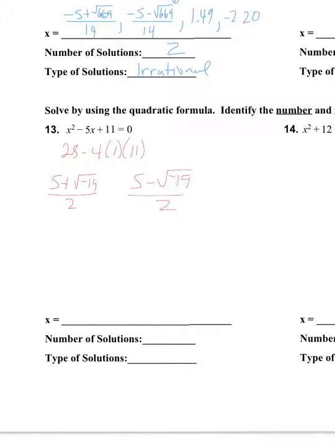Now that is an imaginary answer because we have a negative in our square root. So my final answer here will be 5 plus i times the square root of 19 over 2, and 5 minus i times the square root of 19 over 2. Those are two solutions, and they are imaginary. No need to write them as decimals.